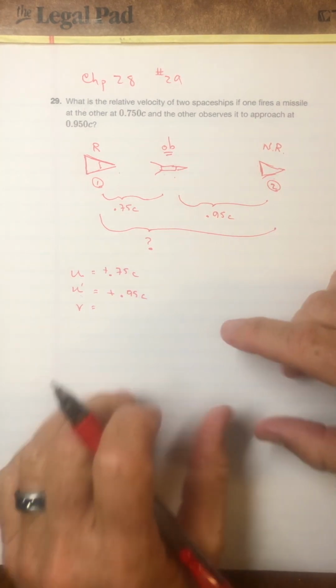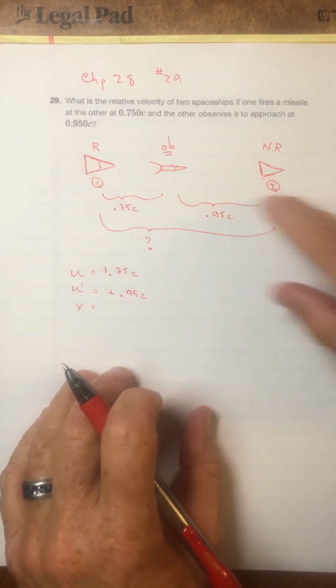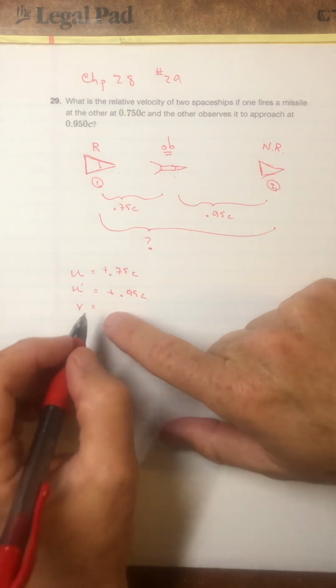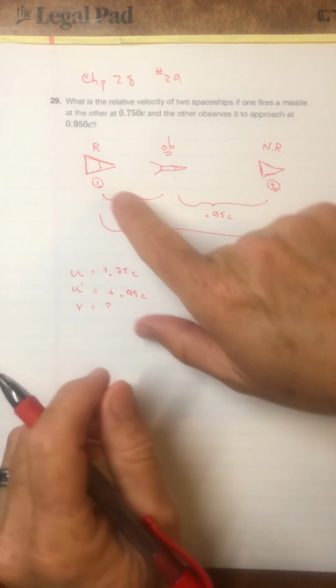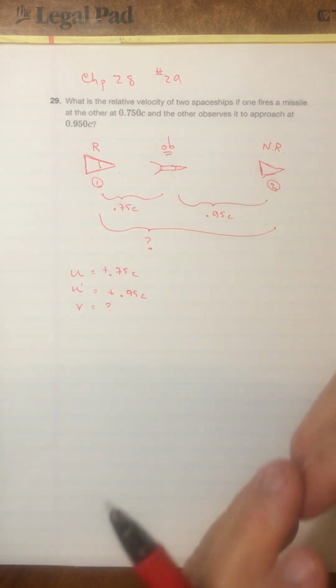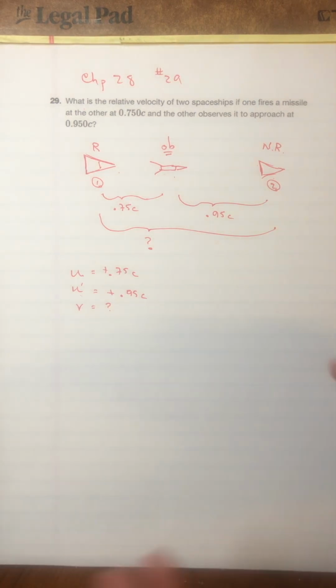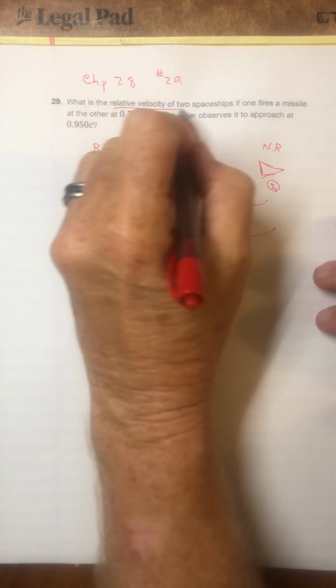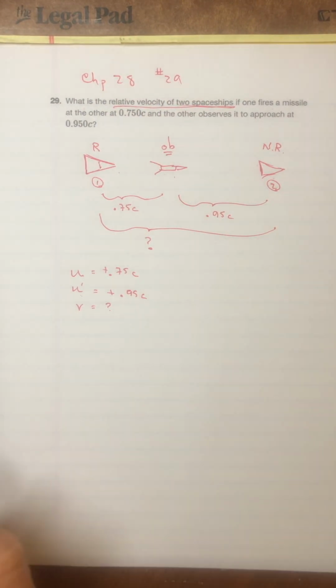And with this configuration, the unknown would be the speed of the two ships, the two observers. And that's what the v is in our understanding, is that v is the speed between the two observers. And that's what they ask. What is the relative velocity of the two ships?